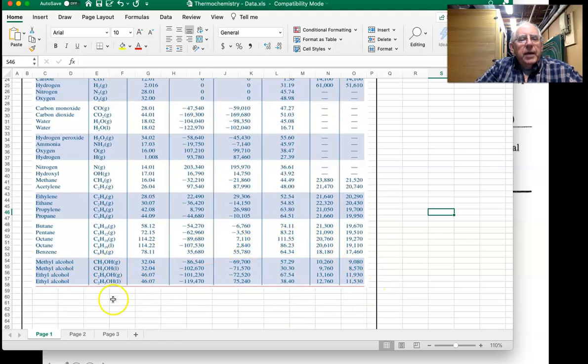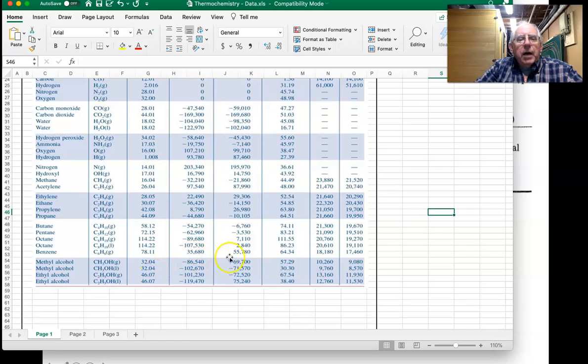Since we may be wanting to talk about the ethyl alcohol, or ethanol, which is one of these two down here, we see that the heating values are relatively smaller than some of the heating values up here.